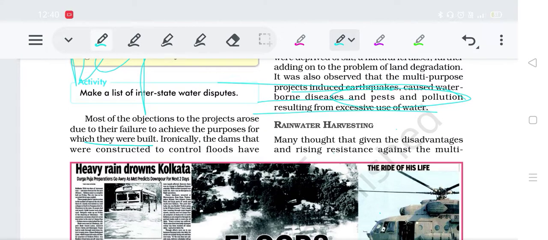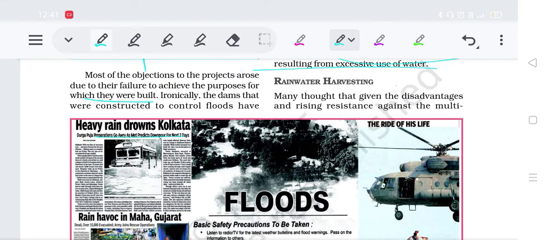So these are the heavy droughts in Kolkata, rain havoc in Maharashtra and Gujarat, floods.